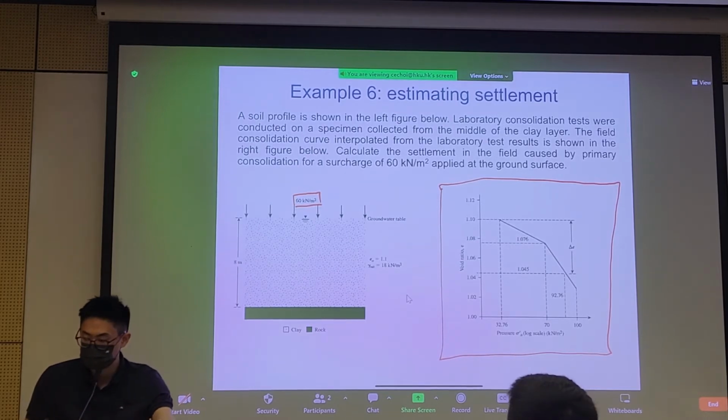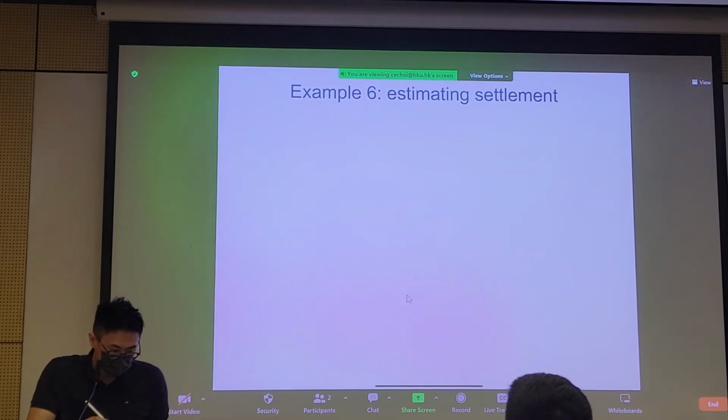So let's try to calculate the settlement caused by purely primary consolidation. Now, we have to calculate the effective stress at the middle of this 8 meter thick clay layer first. So the initial effective stress is calculated as such.